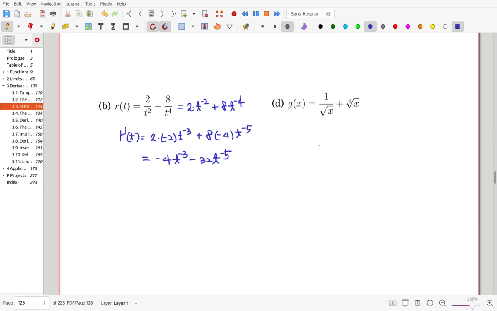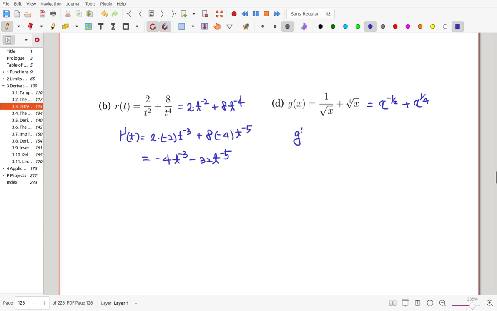Okay, for that one, if we want to use the power rule, then we have to rewrite. 1 over square root x is x to the minus half power, and the fourth root of x is x to the 1/4 power.